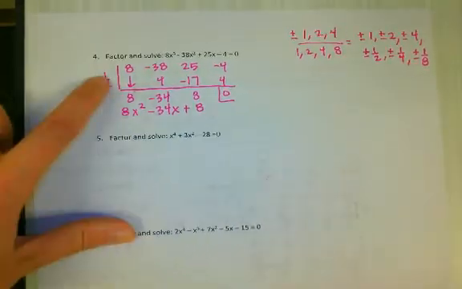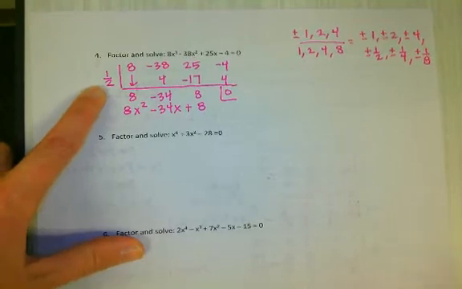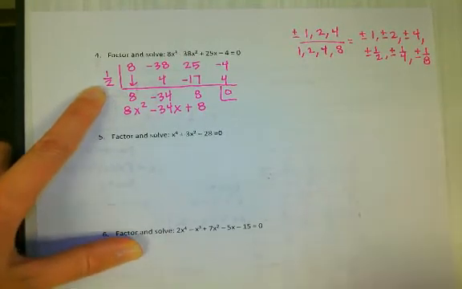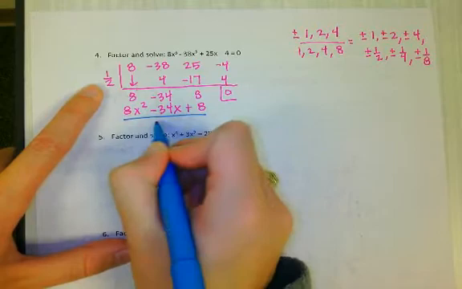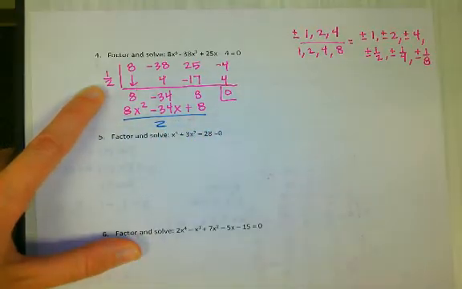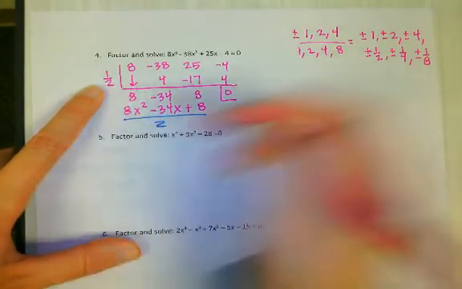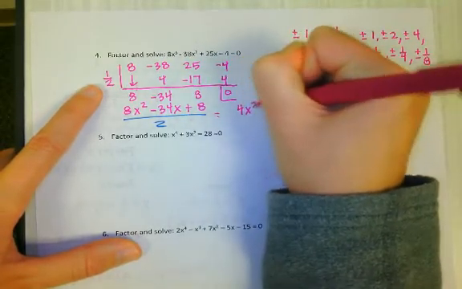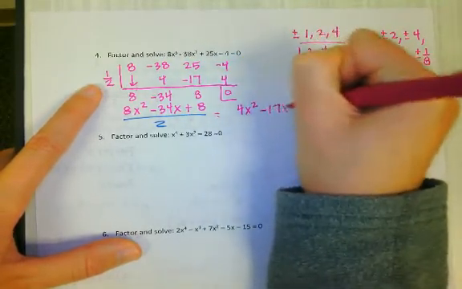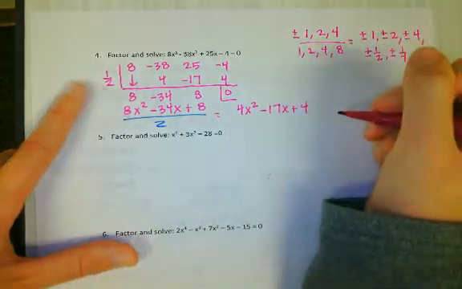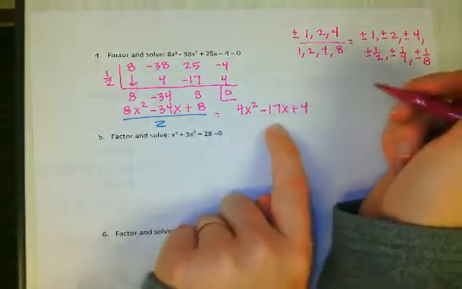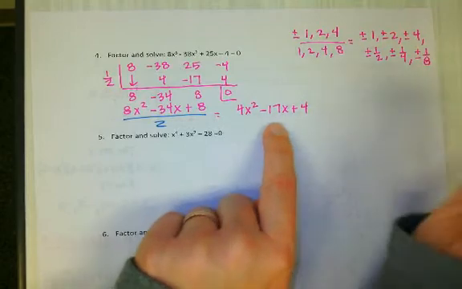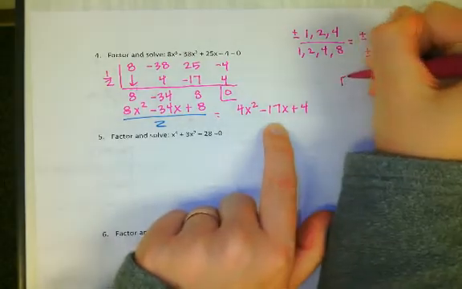Okay, now notice though, I used a fraction here. So just like we've done with synthetic before, I actually have to divide this all by 2 because of the denominator of 2 here. And so it's leaving me 4x squared minus 17x plus 4. And this is what we would have to factor to get our final factors and solutions.